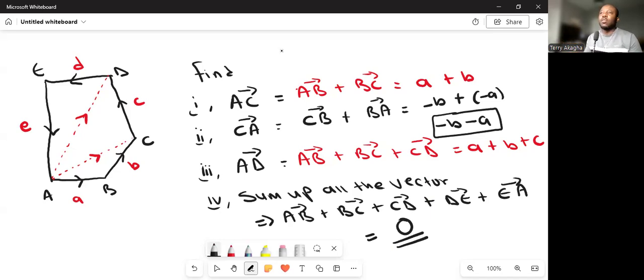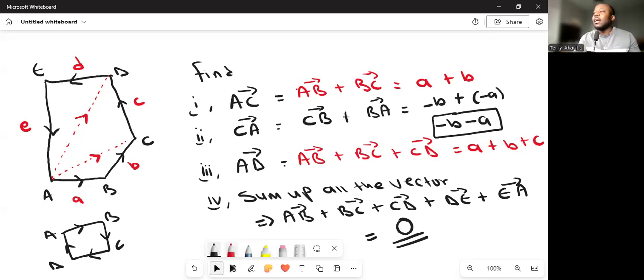Is that okay? So for instance, if I'm asked to add up all the vectors in a closed figure, it's the same thing. No matter how the figure looks, if it's a figure like this, let's assume we have vectors A, B, C, D, and you are told to sum up all the vectors in this closed figure, it's still going to give you 0, okay?